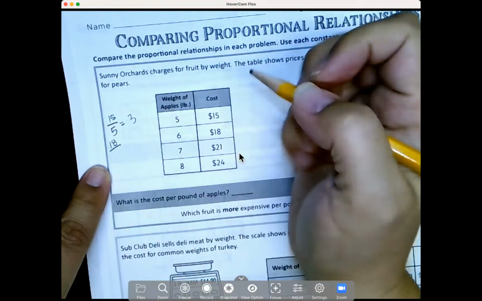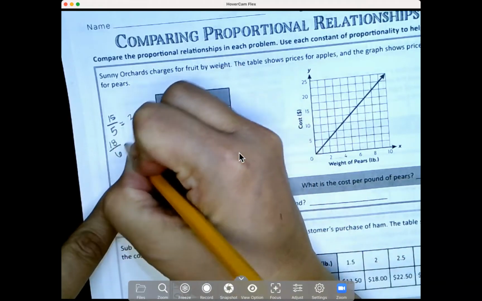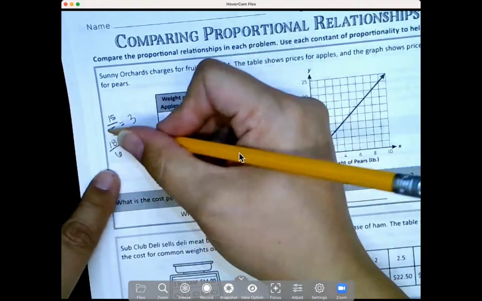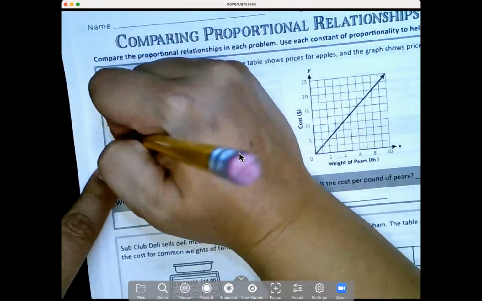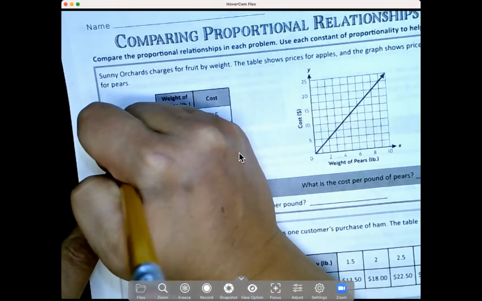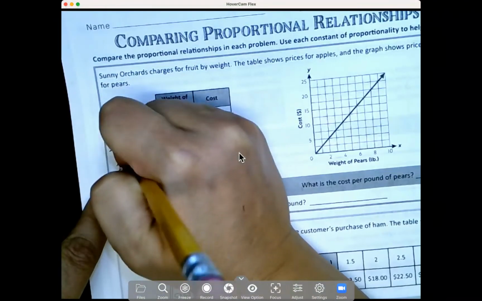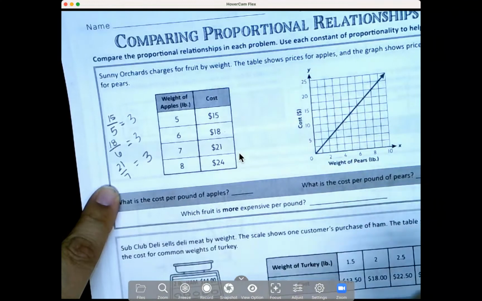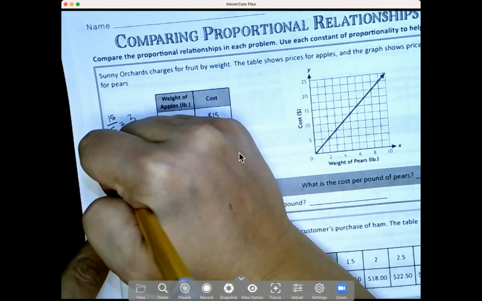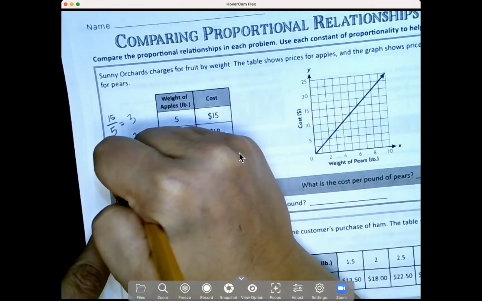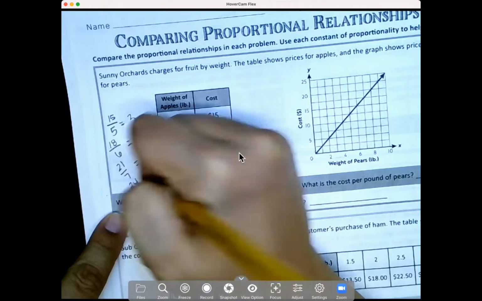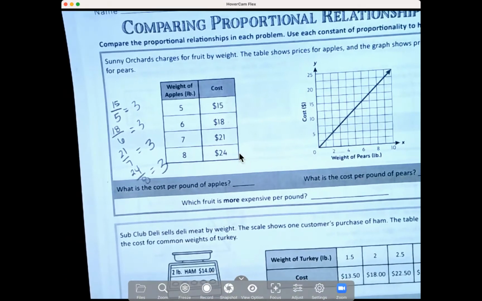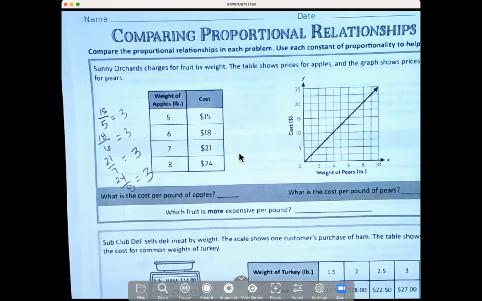So 8 divided by 6, right? The cost divided by the weight, that's 3. And I'm going to have to go 21 divided by 7. It's 3. 24 divided by 8 is 3. So my constant of proportionality is the same the whole way down the page.